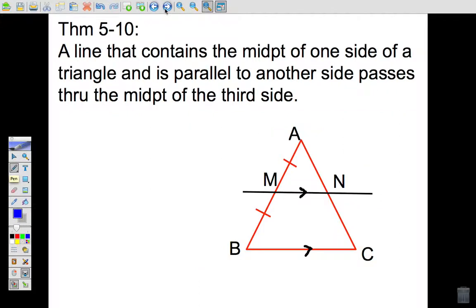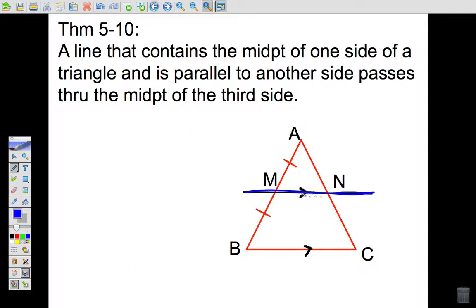All right, Theorem 5.10. A line that contains the midpoint of one side of a triangle and is parallel to another side passes through the midpoint of the third side. Now this is a pretty wordy theorem. The segment they're talking about is right here.